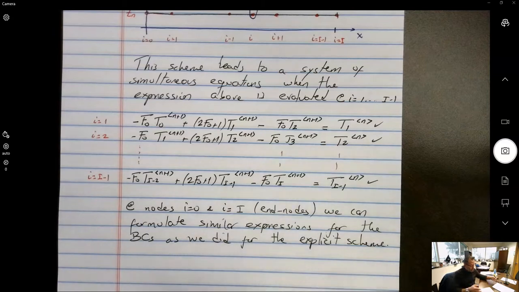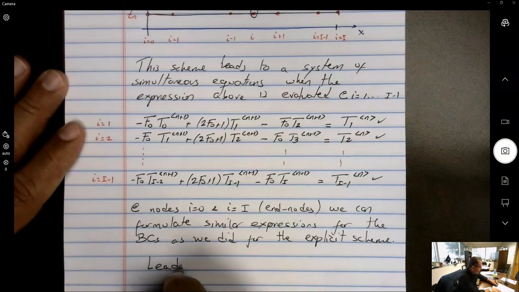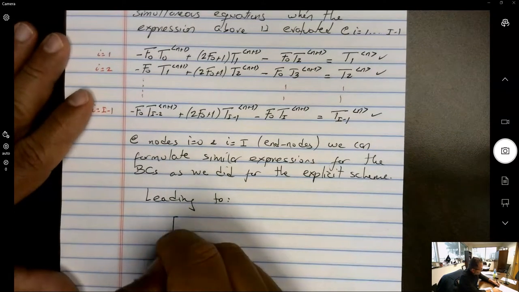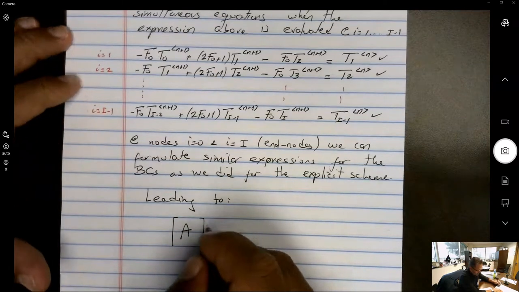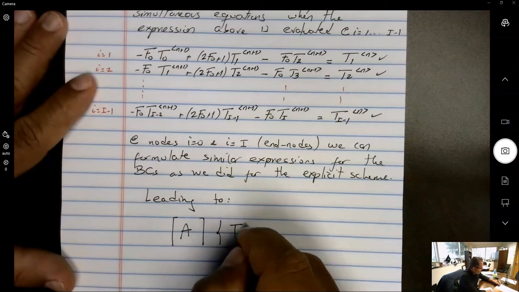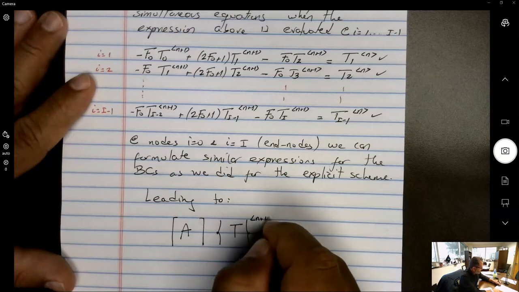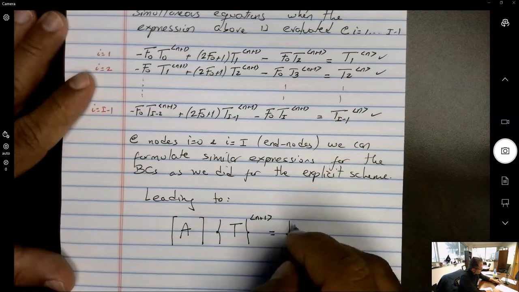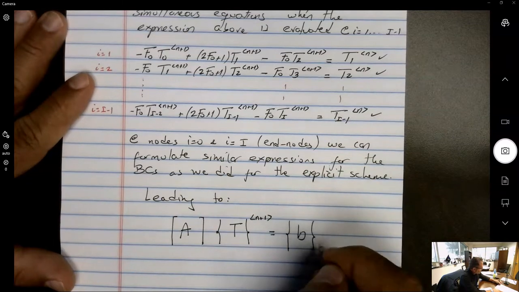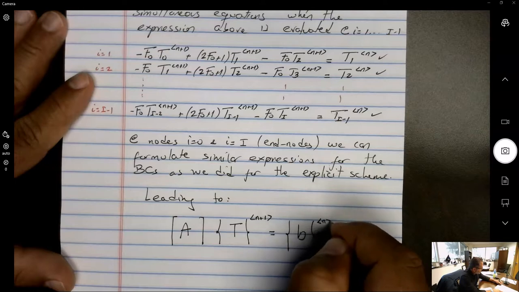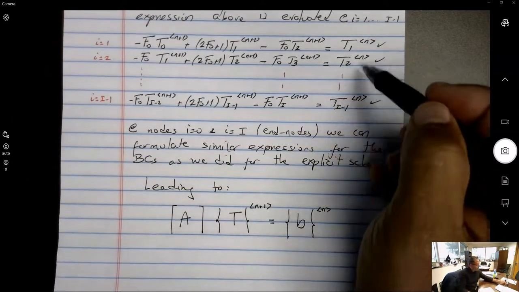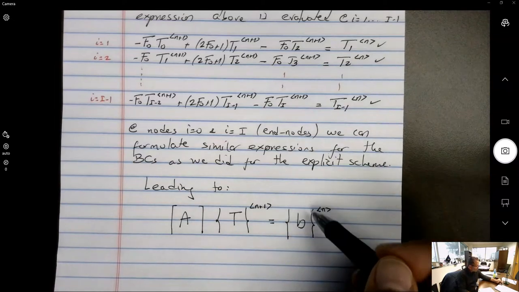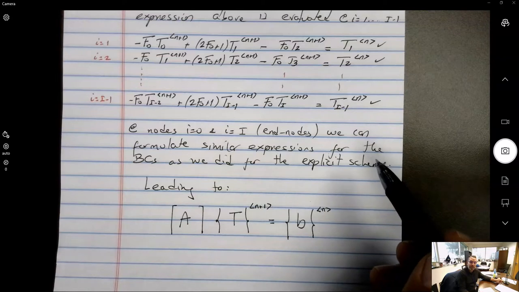So what would happen is that this leads to a system of equations A, that contains the temperature at the next time level, is equal to the vector B, because it's not only the temperature. Some of the vector B will contain the temperatures, but some of it might contain the first element and the last element, which contain information about the boundary conditions.